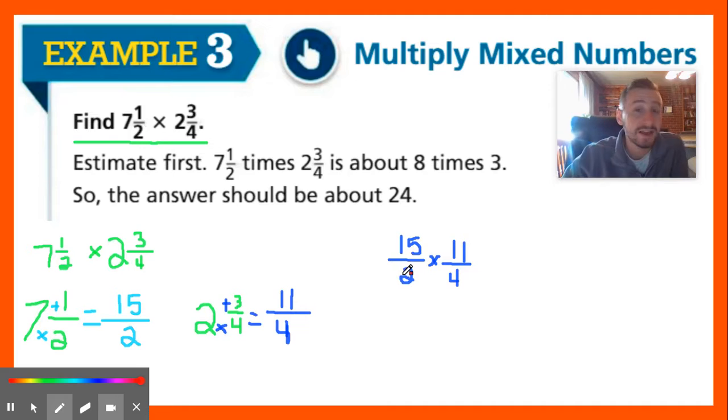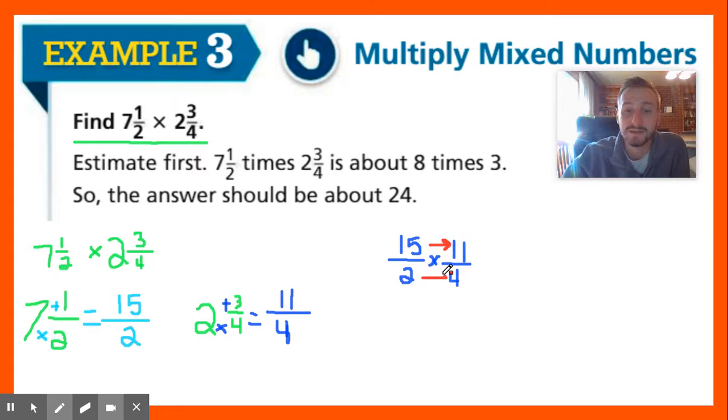So now that they're lined up, we can multiply straight across. 15 times 11 and 2 times 4. Well, let's just do the denominator first because we hopefully know that off the top of our heads. 2 times 4 gives you 8, so we can just write that down. Now we need to figure out what's 15 times 11, and that's going to be a little bit more, right?